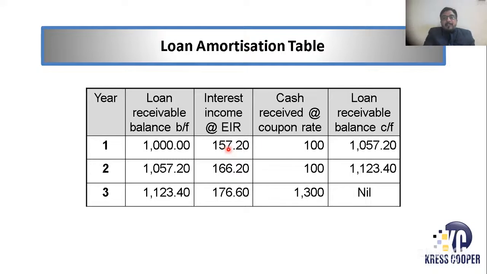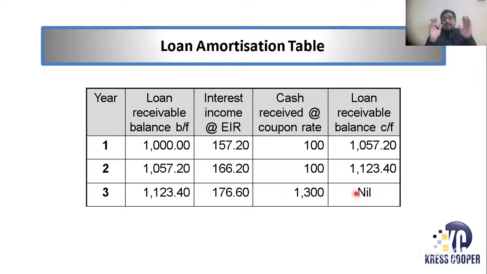So the difference between the effective interest and the interest received will be added to the loan receivable amount. Each year, you will do the same practice, and in the final cash flow from the borrower, the net value will be nil. So you are done with your work.